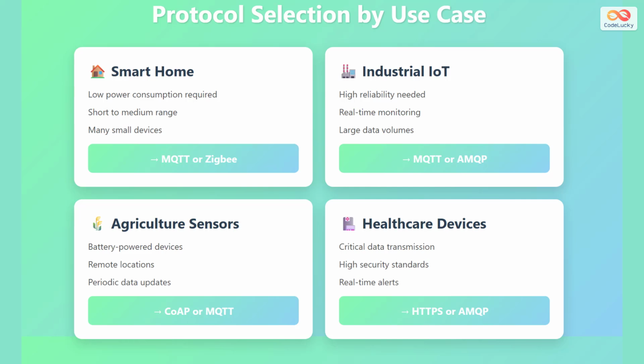Agriculture sensors operating on batteries in remote locations with periodic data updates work best with CoAP or MQTT. Healthcare devices transmitting critical data with high security standards and real-time alerts should use HTTPS or AMQP. Matching your use case to the right protocol ensures optimal performance.